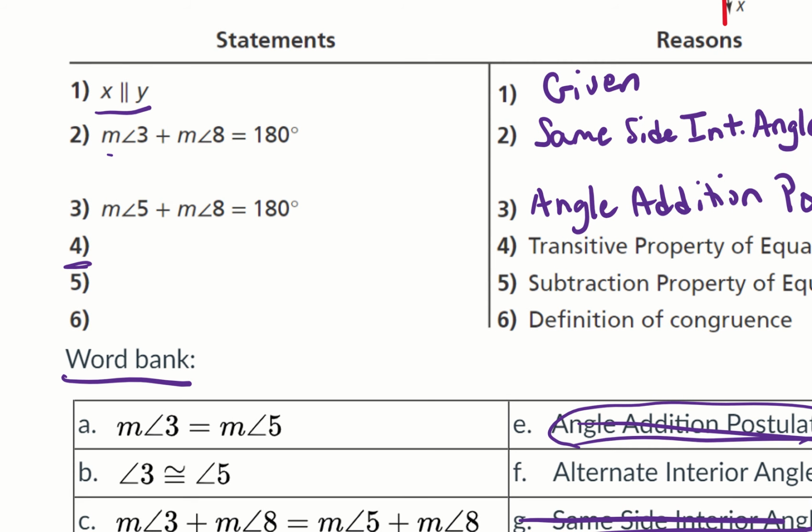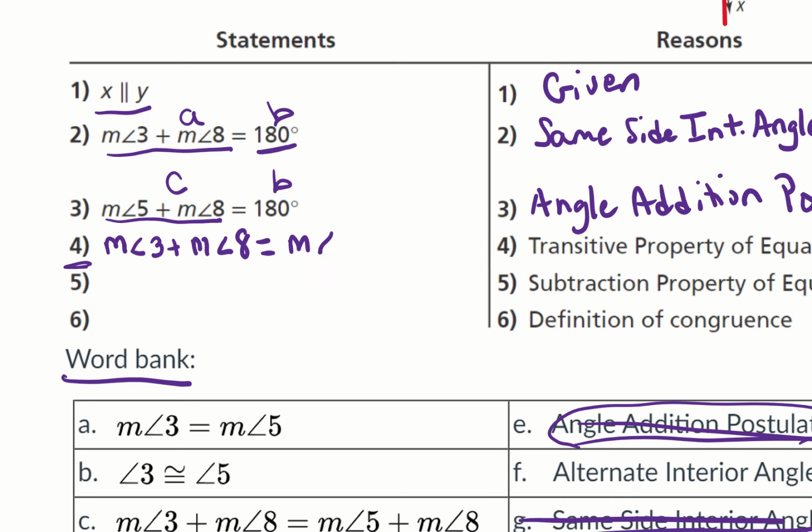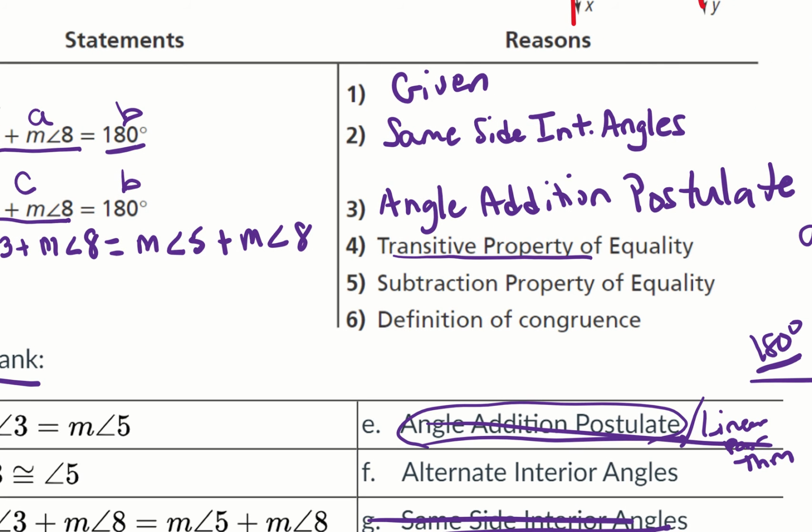We have angle 3 and angle 8 is equal to 180, so that's A. Think of 180 as B. If A equals B and B equals C, then that means that A has to equal C, right? So these two underlined portions have to be equal to each other. And so statement 4, we'll go ahead and say measure of angle 3 plus measure of angle 8 equals measure of angle 5 plus measure of angle 8. Sometimes they'll call this substitution property, but other times they'll call it transitive property.